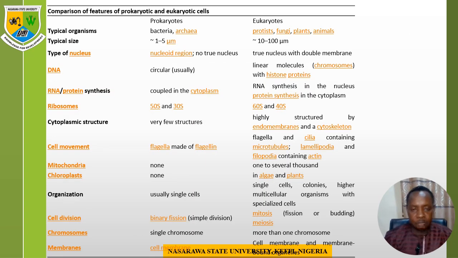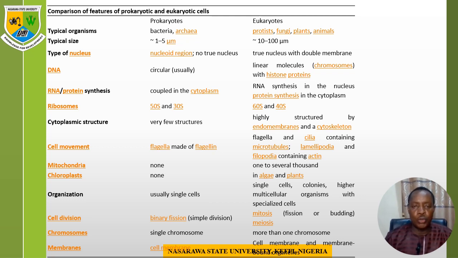Now, let's look at the differences or comparison between prokaryotic animals and eukaryotic animals. The maximum size you can have among the prokaryotes is about 5 micrometers. Whereas in eukaryotes, like in protists, you could have close to 100 micrometers as the least size.